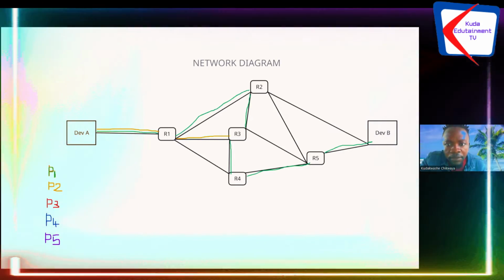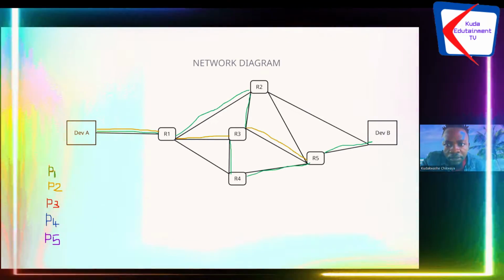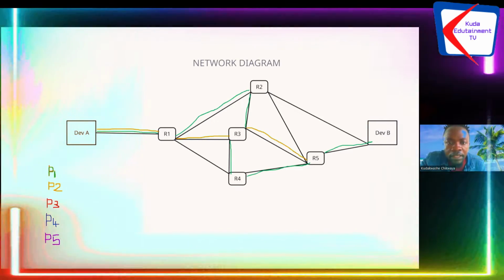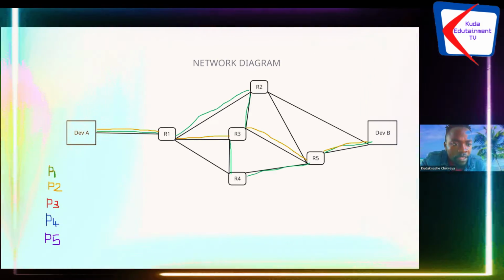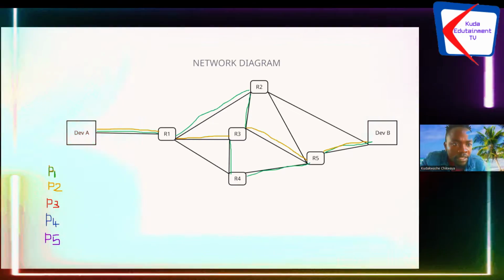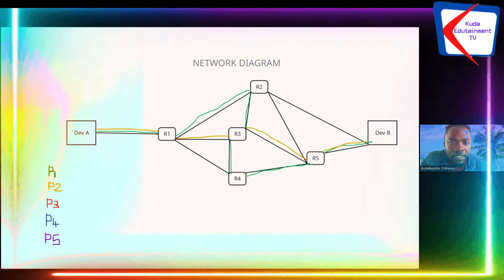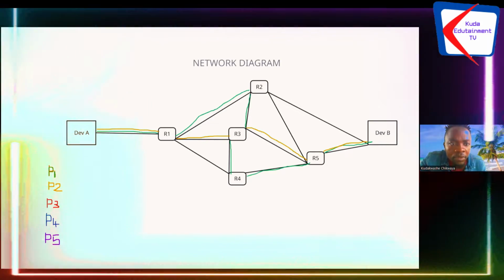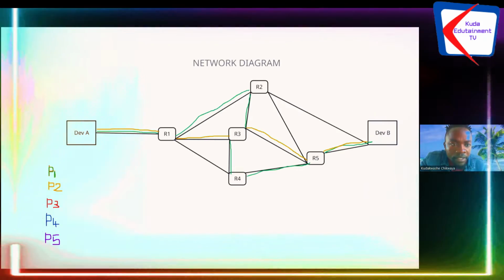And then from router 5, it goes to the receiving device, right? Like this. So this is the second packet. Now let us implement the third packet. The third packet is in red. Let's say it takes the route router 1, router 2, and the receiving device.